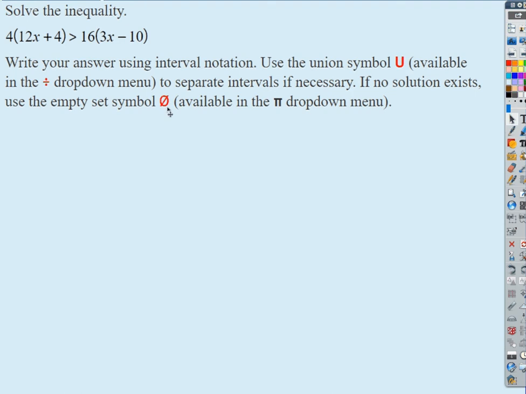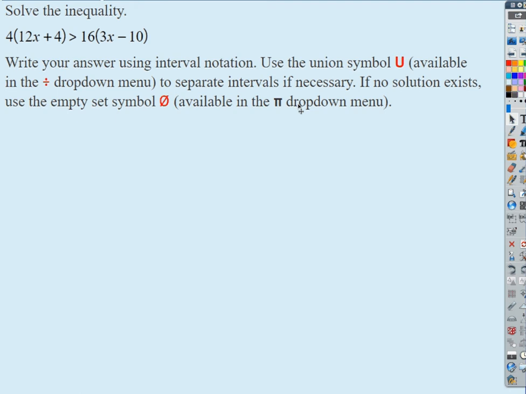If we're using inequality notation and we get no solution. If the answer is no solution, there are no real numbers that make this true, then the way we deal with that is we just enter the empty set symbol, which you grab on the pi drop-down menu on Google. Okay. So that's our set notation for meaning no solution.